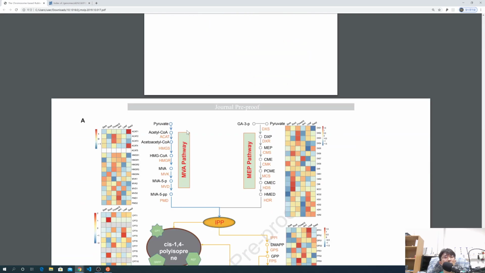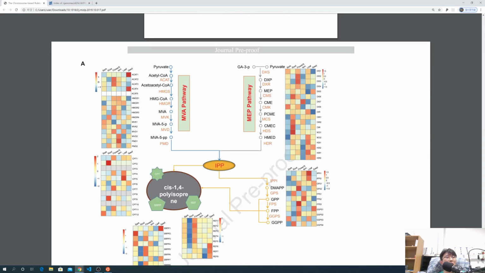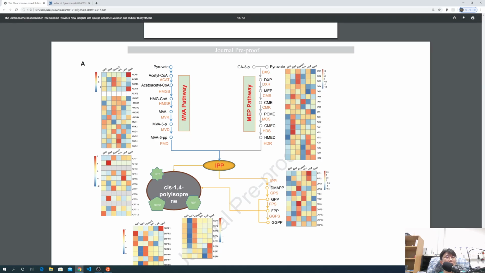Okay. And I hate these also because they are not clustered. People should cluster this first before presenting it. I understand they tried to order the gene names, but the gene name order is not important at all.